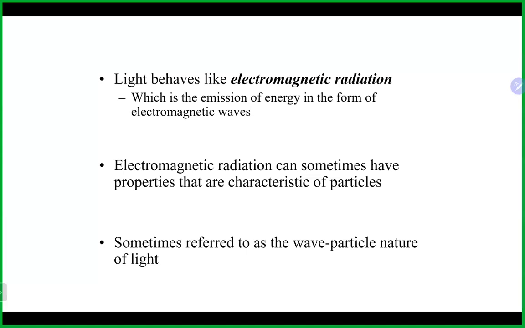And particles, for example electrons that we'll mainly talk about in this chapter, can have wave-like function and behave like waves in certain cases as well. So this is the dual nature of light where they both can behave like each other. They both have properties of each other. And what we'll see later on in this chapter is that a particle like an electron has a lot of wave-like function, which describes how it moves around in an atom, for example.